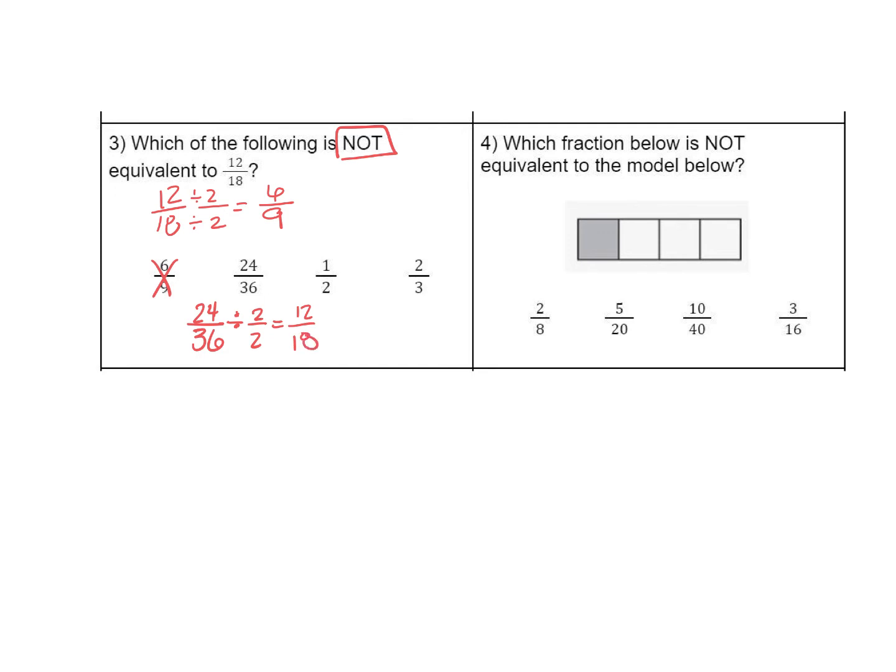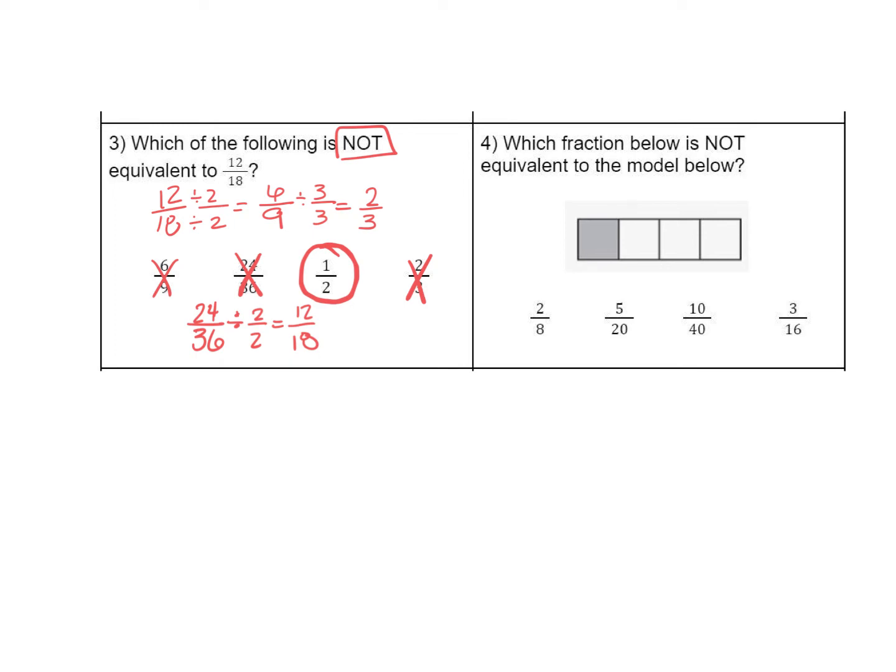So 24/36 is equivalent, so that is not our answer. Okay. If I got to 6/9, I could divide this by 3, and I could get 2/3. Okay. So again, 12/18ths is equivalent to 2/3. That is the simplest form I can get, so my answer is 1/2. It is not equivalent to 12/18ths.